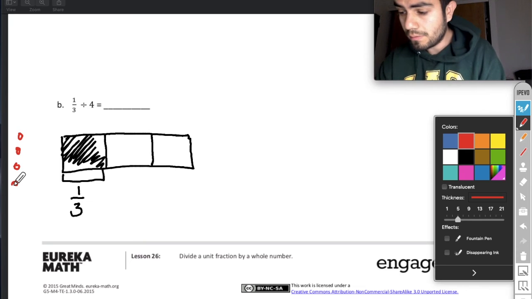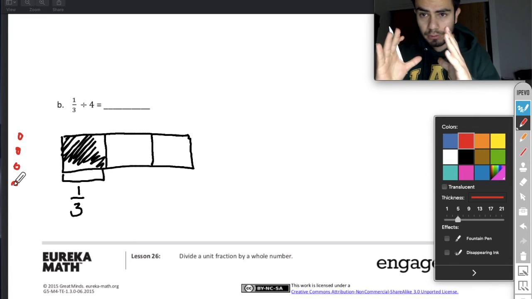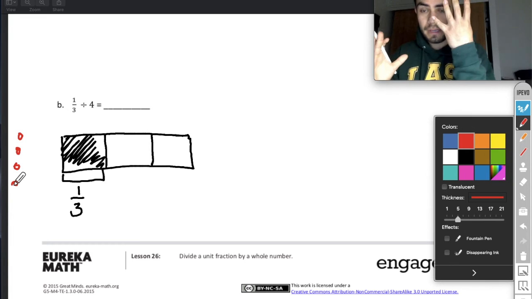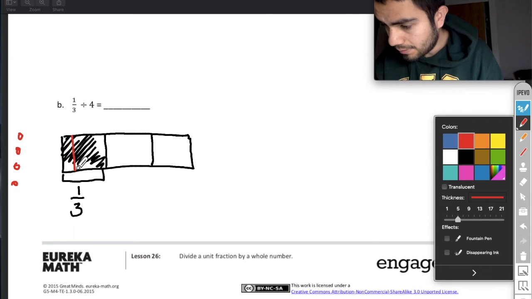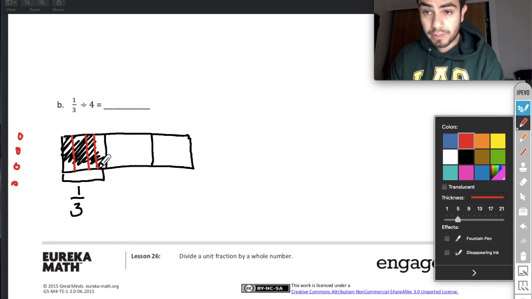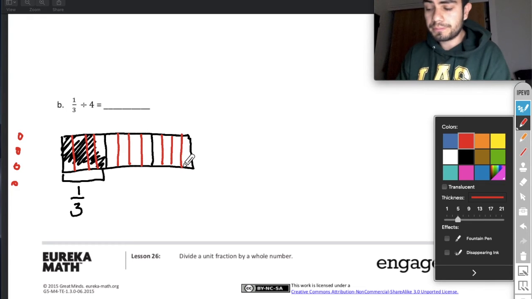Now, in order to share that, you're going to need to cut each of those thirds into 4 new pieces, like this. 1, 2, and 3 creates 4. 1, 2, 3 creates 4.